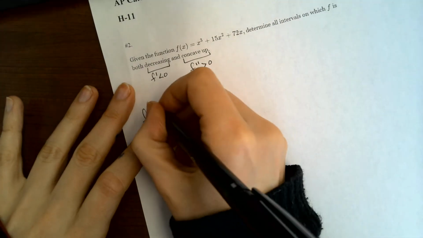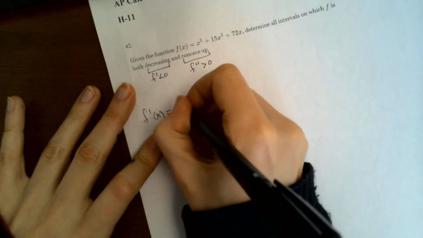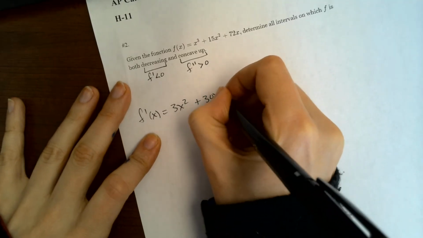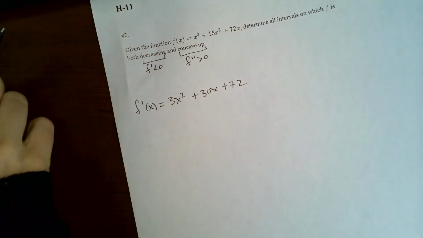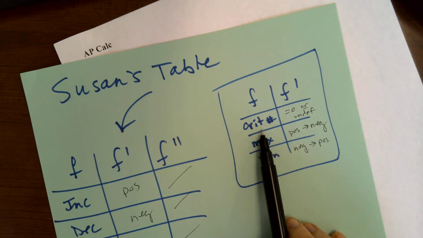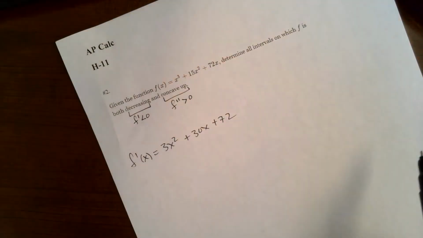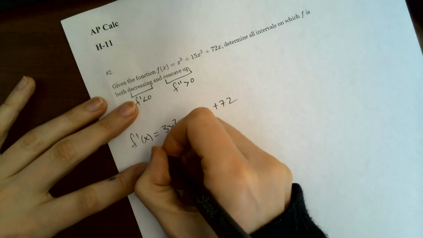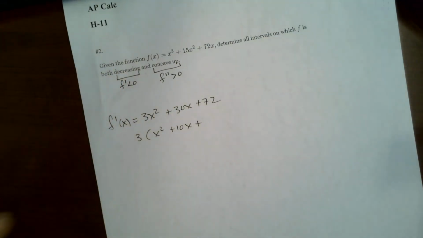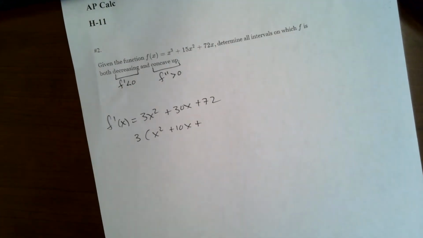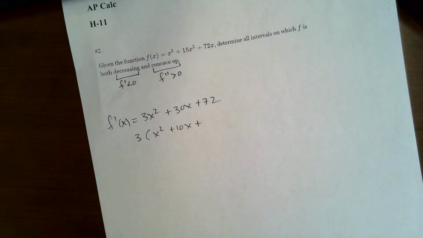Okay, so we're going to find f prime. 3x squared plus... Okay, we're going to factor it in order to find the critical numbers. The critical numbers are where f prime is 0 or undefined. So I can take out a 3. 72 divided by 3 is 24.